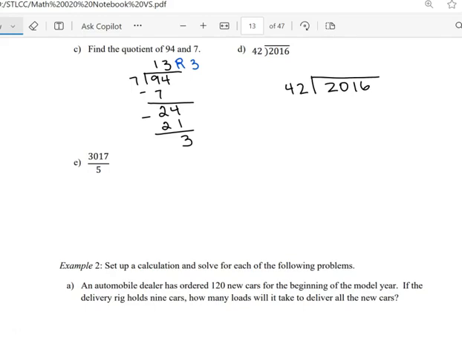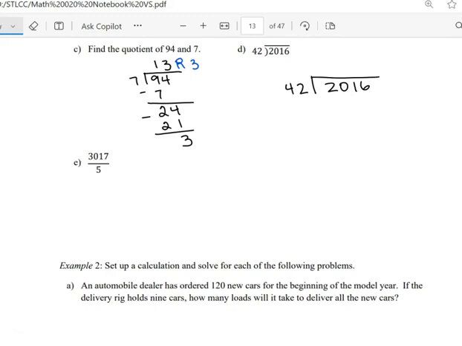It gets a little bit more complicated, but remember when we talked about rounding? What I'm looking at is not really 42, but about 40. So 40 does not go into 2 or 20, but probably will go into 201.